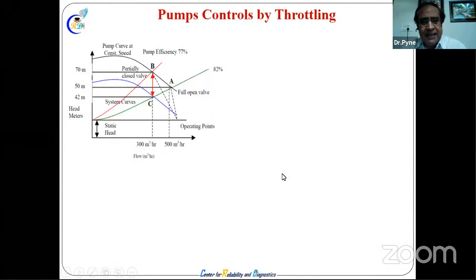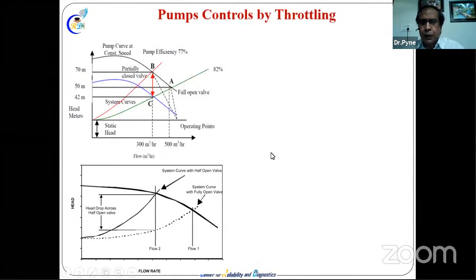So in speed variation, when you throttle, when you want to use less energy with throttling, or reduce flow, what happens? From point A, it will go to point B on the system curve, which has 82% efficiency, and it will go to a lower efficiency, but you want less flow, from 500 to 300. It is a 500 pump, but you want 300 cubic meters per hour, because the process requires only that much, as the operation paper says. So what do we do? We do throttling.